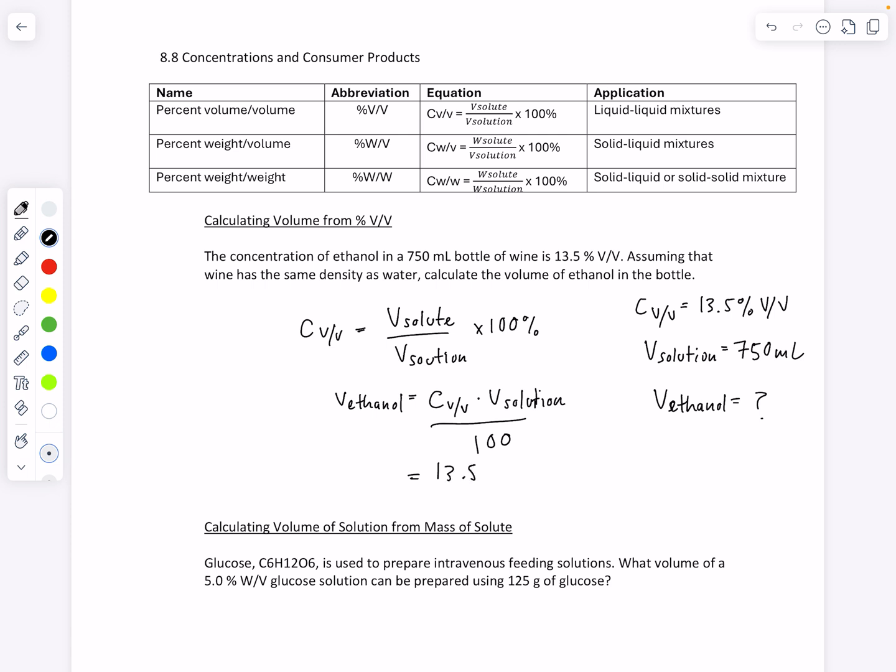That's 13.5% times 750 milliliters divided by 100. If we leave the volume in milliliters, our answer will be in milliliters.